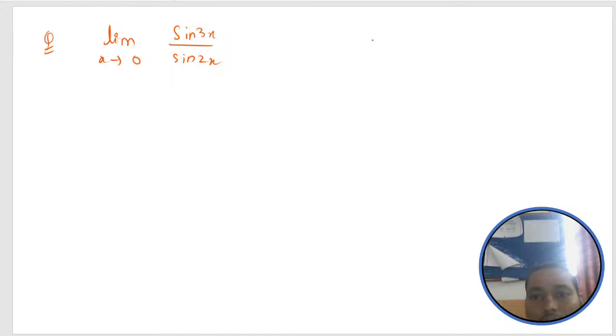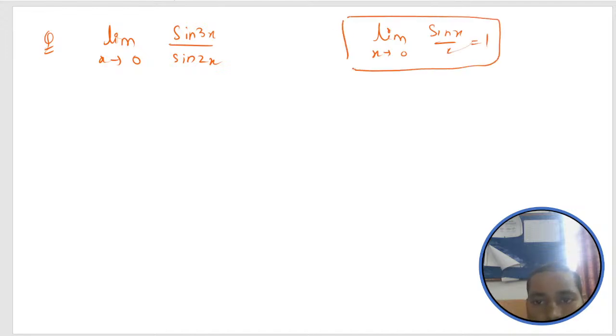Dear student, I have told you in the class limit x tending to 0 sin x by x is 1. So in order to find the limit of this function, what you have to do, let me take the 3x. If x is tending to 0, then 3x also tending to 0.